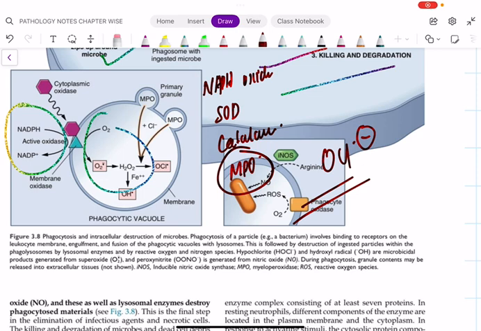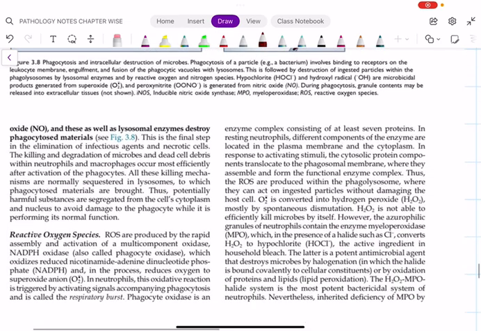Okay, sometimes in AIIMS, we have assertion reason type questions. Assertion: Myeloperoxidase is the most powerful killing enzyme. The reason they are giving: Because it is going to produce hypochlorite free radicals. Assertion and reason are true, and reason is the correct explanation for assertion. Simple. Okay, fine. Reactive oxygen species, hypochlorite.